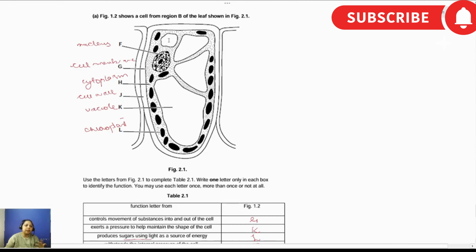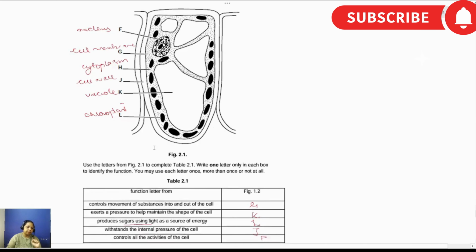So what else is present over here which is not over there? Cell, it's present. What else can you say from this diagram? Look at the diagram and then tell. A vacuole is there, chloroplast is there, nucleus is there. What can be written?